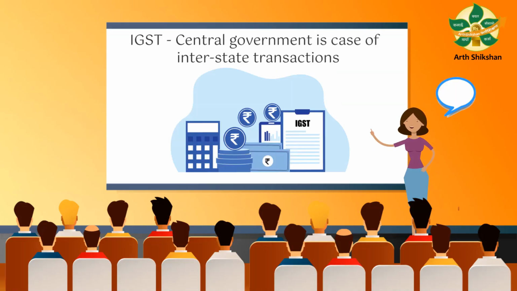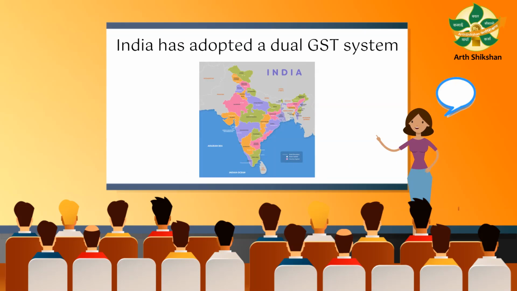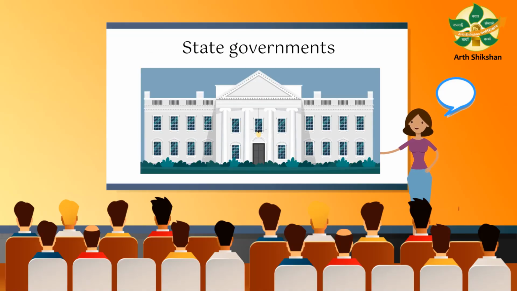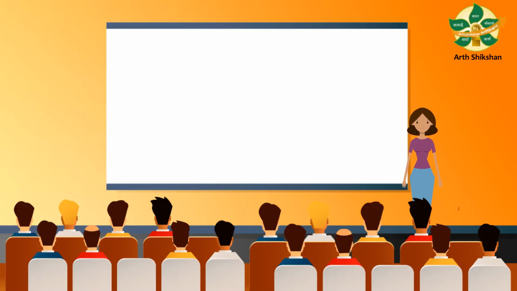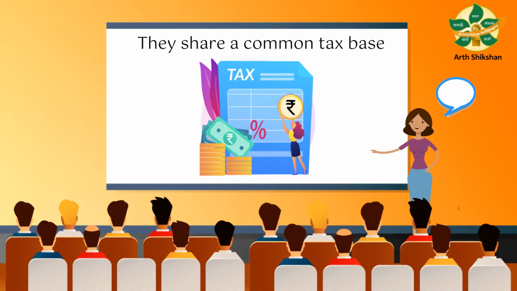Third, IGST, levied by the central government in case of interstate transactions. India has adopted a dual GST system wherein the central government and state governments levy GST concurrently. They share a common tax base.